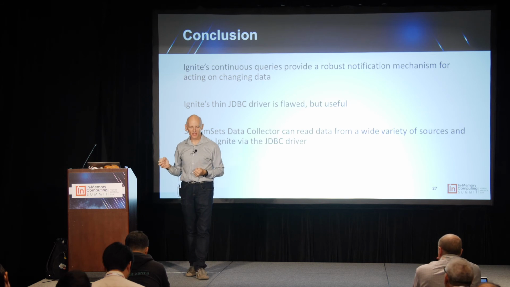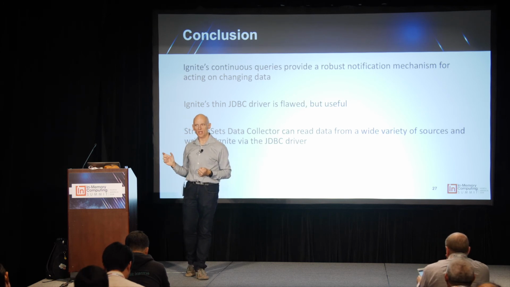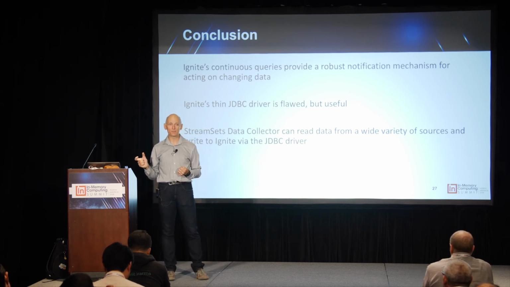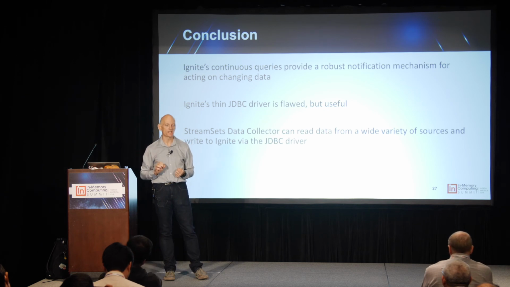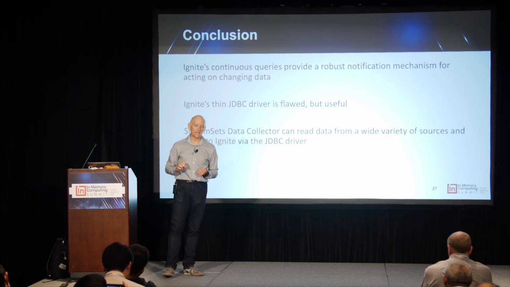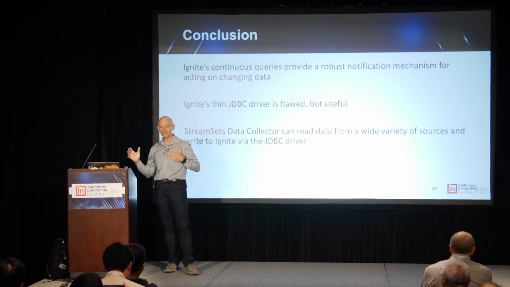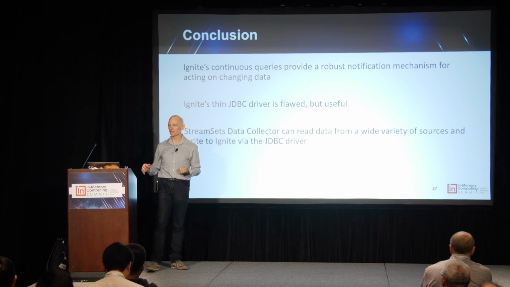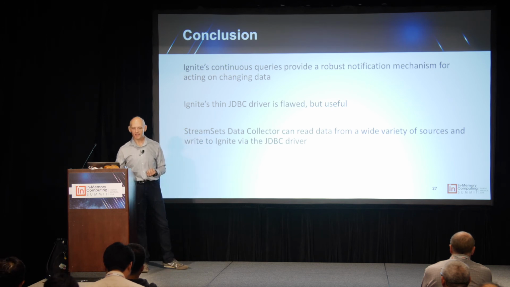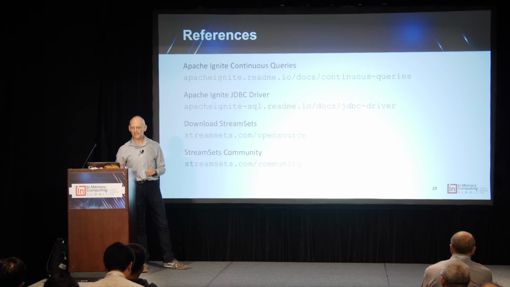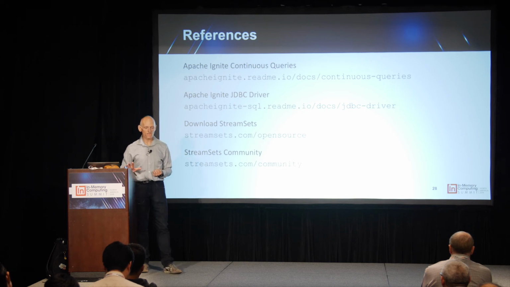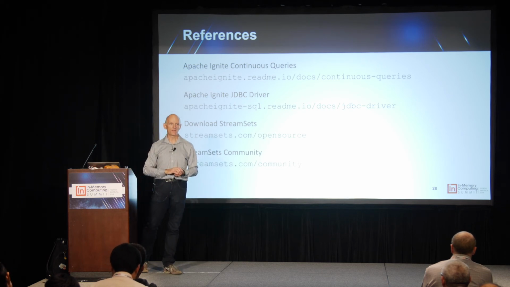I found a couple of issues with the thin JDBC driver, but it was pretty useful in getting started. And then Data Collector can read data from a wide variety of sources, including Salesforce, and then write into Ignite via the JDBC driver. So there are some useful references there, and I've got about 5 minutes for questions.